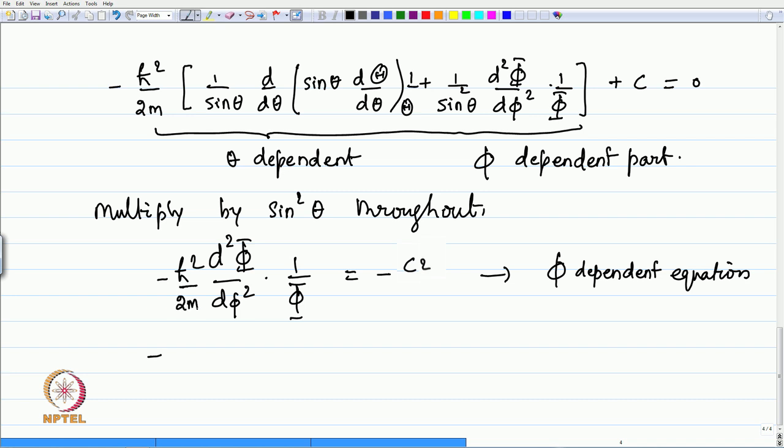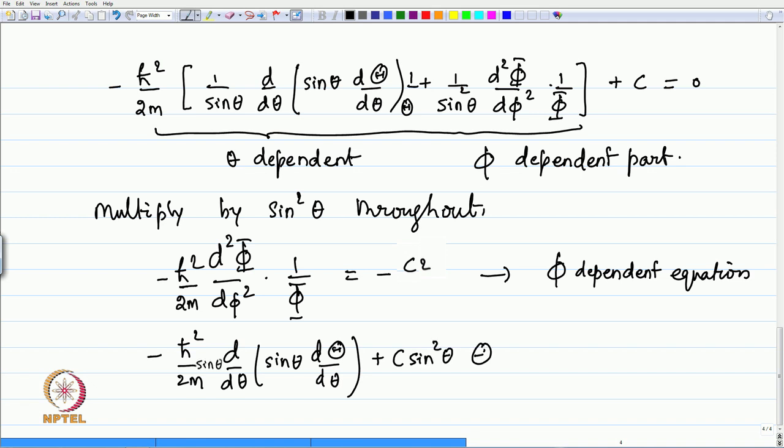And then you have the theta dependent form, which is minus h bar square by 2m, sin theta d by d theta of sin theta d theta by d theta, and if we do the algebra carefully, it will be plus c sin square theta times theta.